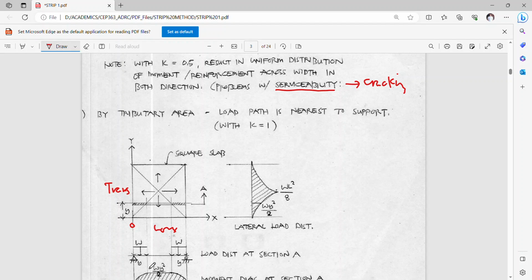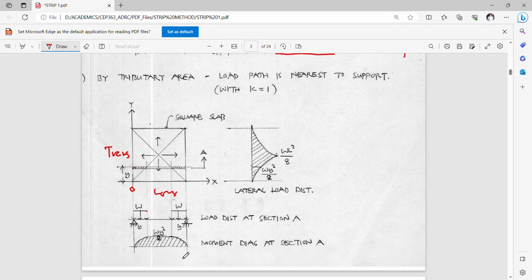My load here, using this strip at height y, is your loaded strip in this direction, because this will be carried by this beam here. Then the supports here will carry this up to this point as your longitudinal distribution of moment. Hence, I have here a partial uniform load at a distance equivalent to y.